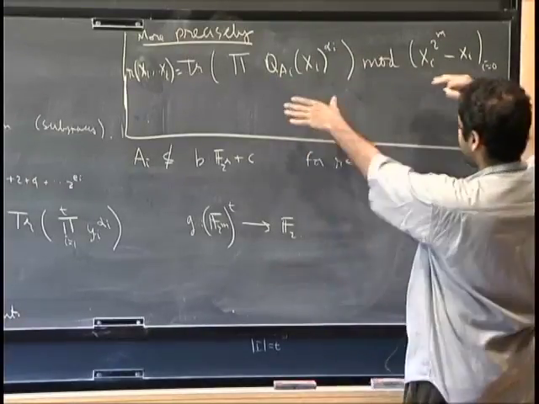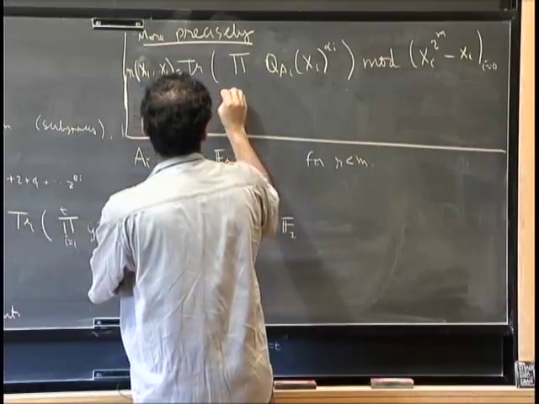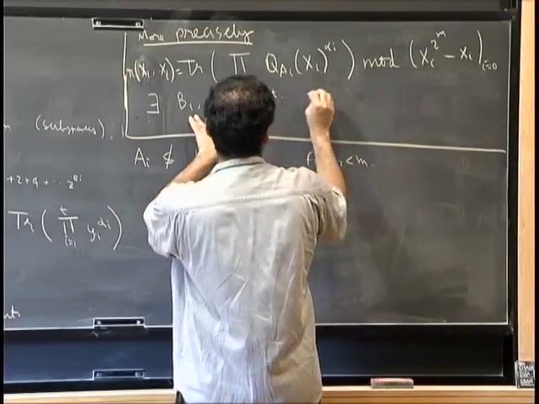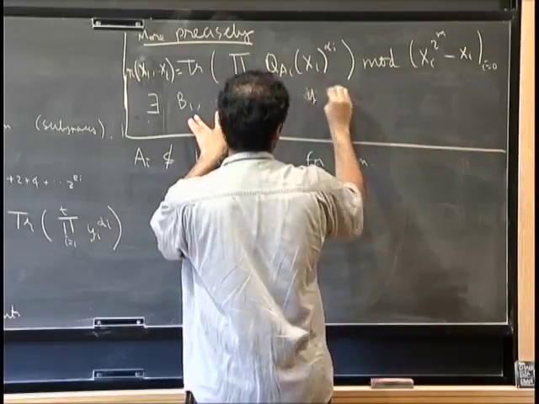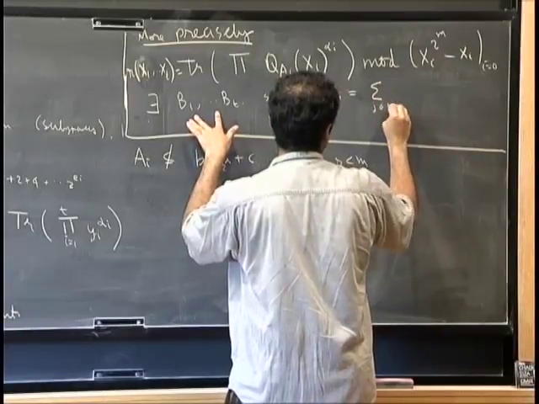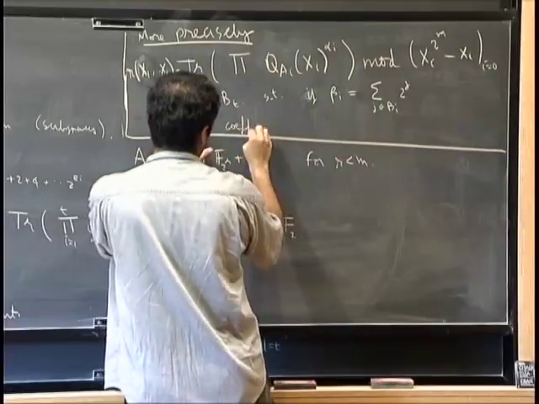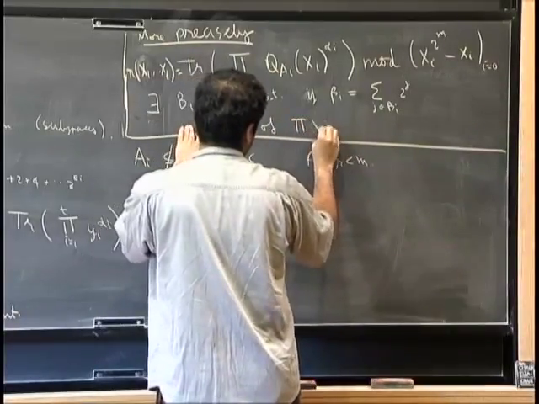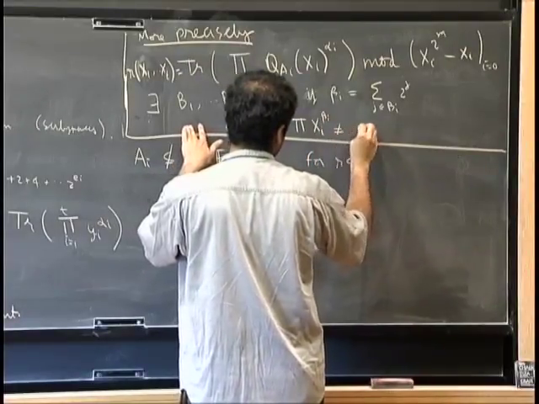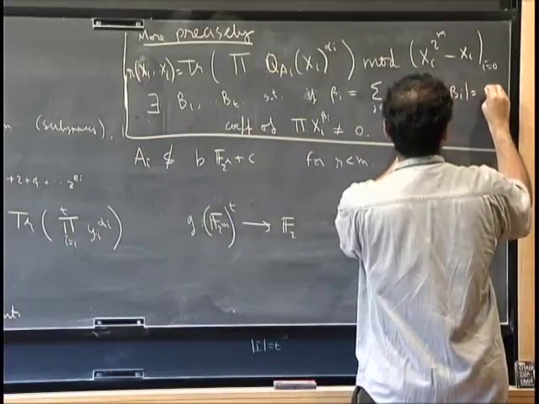More precisely, if you look at this polynomial, then there exist B_1 up to B_t such that if you set beta_i to be the sum over j in B_i of 2 to the j, the coefficient of the product of x_i to the beta_i is non-zero, and also the size of B_i is equal to e_i plus 1.